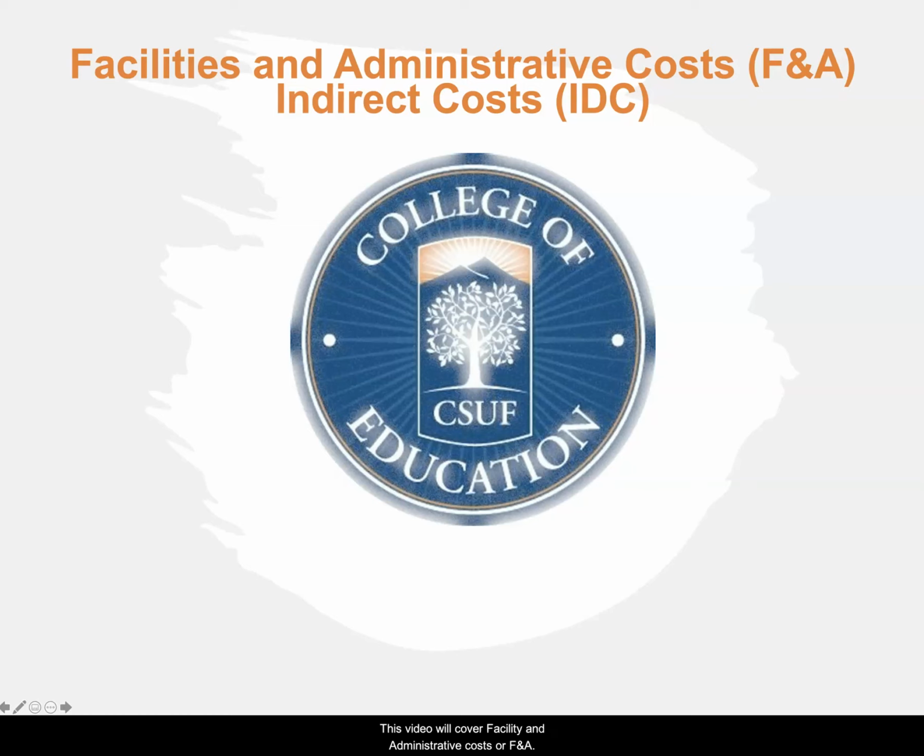This video will cover Facility and Administrative Costs, or F&A, also called overhead, but more commonly called Indirect Costs, or IDC. The university is a business, and just like any business, there are standard operating costs.